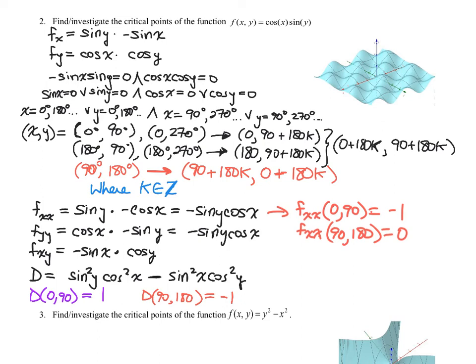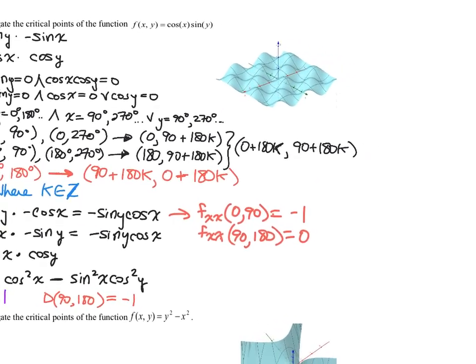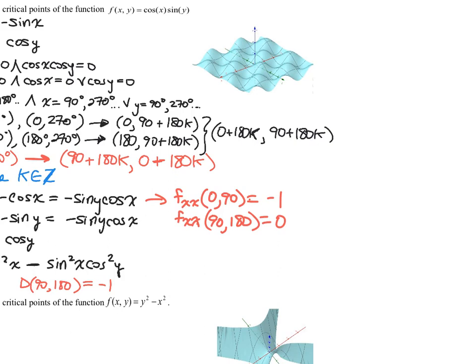Yeah, it looks good. So, off on the side here, I'm going to make little notes. 0, 90 was for the first type of coordinate, and for that we know that f sub xx is less than 0, and the discriminant is greater than 0. For the second one, f sub xx is equal to 0, and the discriminant is less than 0.